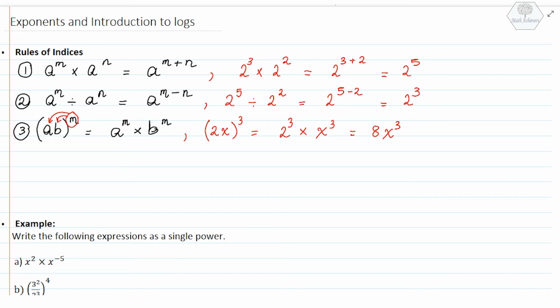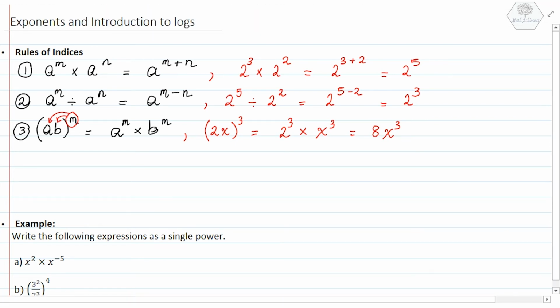For the fourth rule, we have a divided by b, all of it to the power of m. This is equal to a to the power of m over b to the power of m.